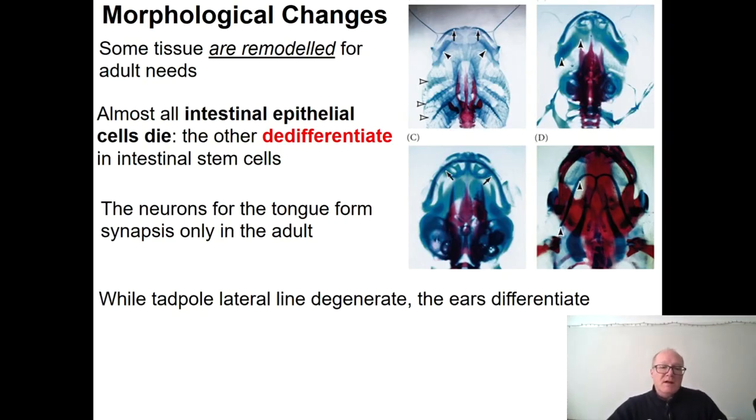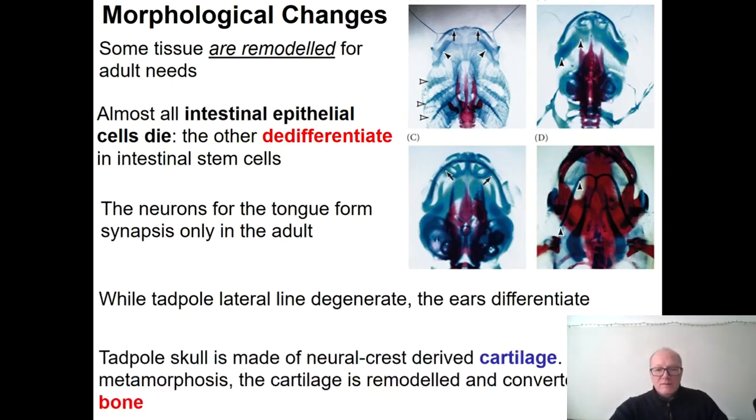So this lateral line degenerates during metamorphosis, and it is remodeled to produce the ears. It is remodeled, and the ears are produced in the developing adult.